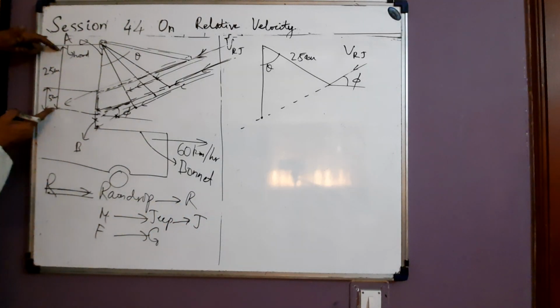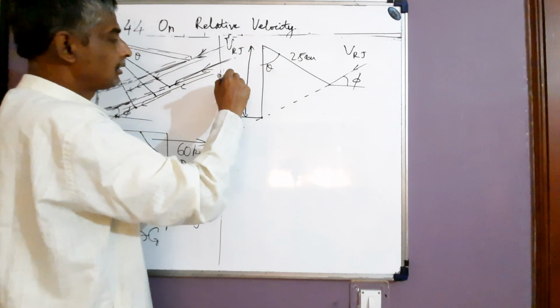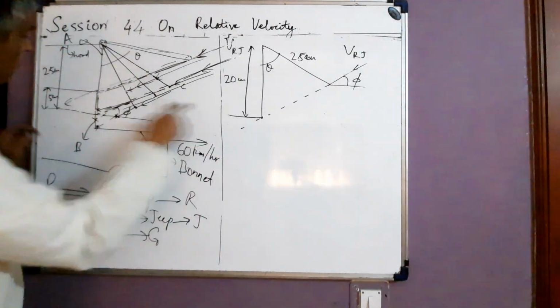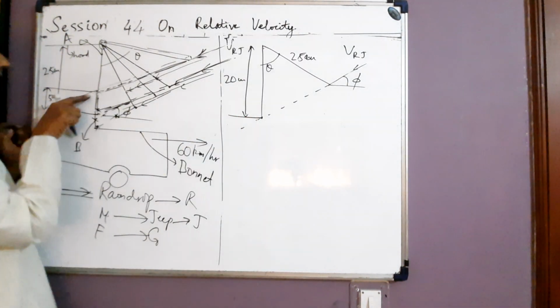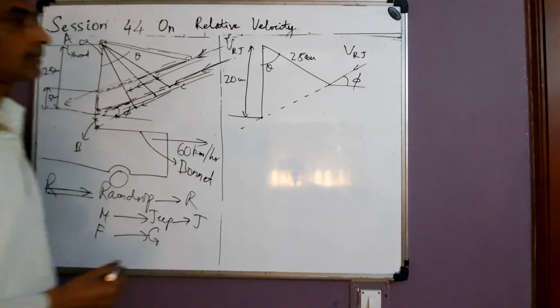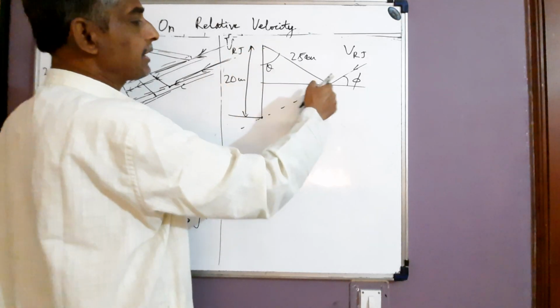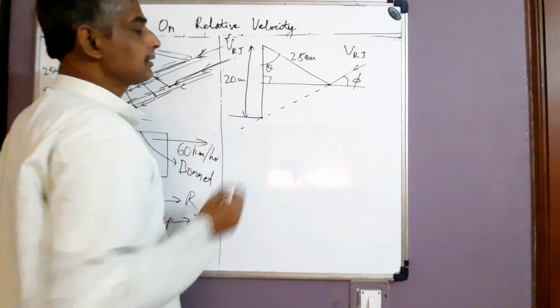And this length is how much? This is 20 centimeter, because this point is the highest point of part B. This is 25, this is 5, so this becomes 20. So now we complete this. This is 25. This is a right angle.